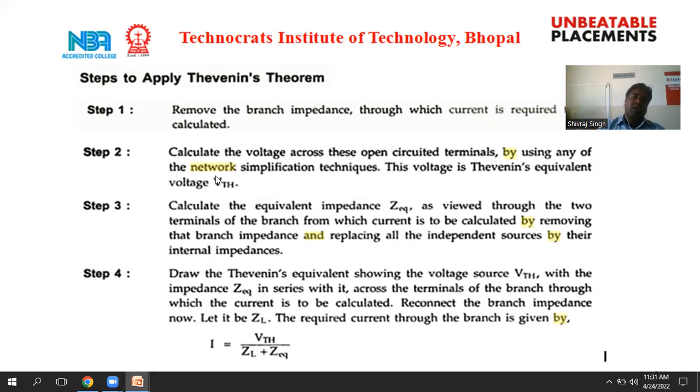The third step is to calculate the Z equivalent. For this, we replace the sources with their internal resistance. If the circuit has a voltage source, the voltage source is replaced by a short circuit, and a current source is replaced by an open circuit. At the end, we draw the Thevenin's equivalent circuit along with the load impedance, and then calculate the load current IL.